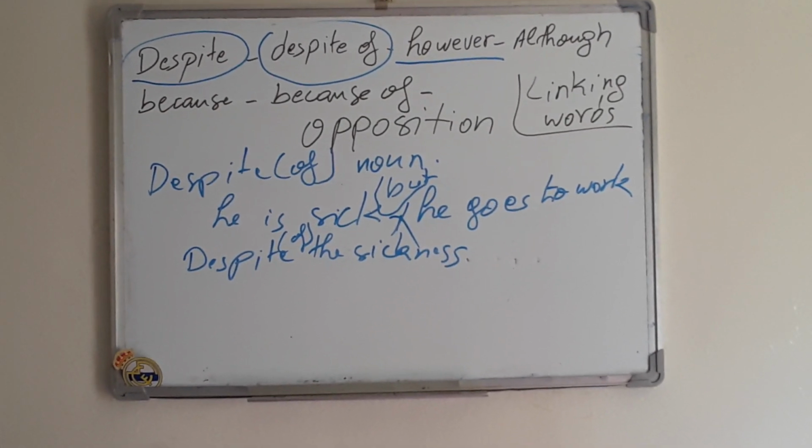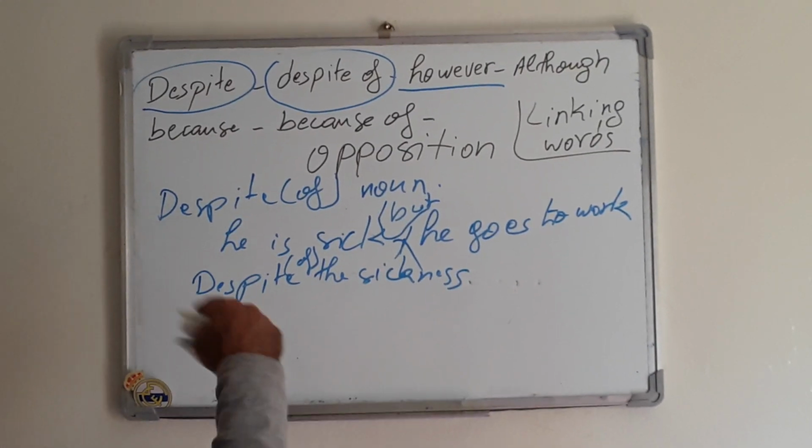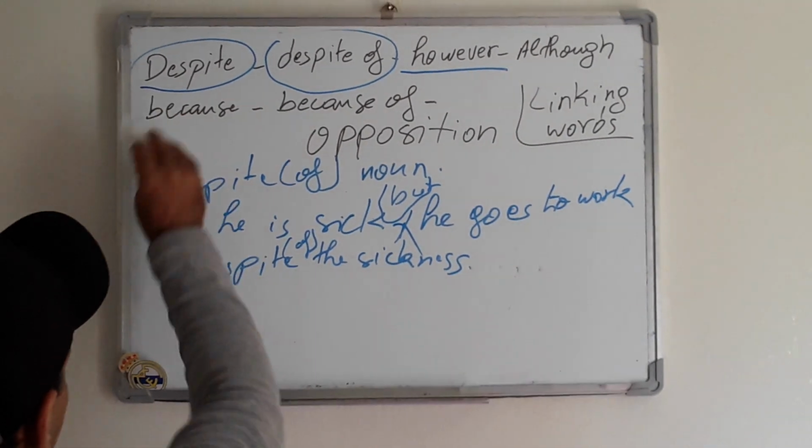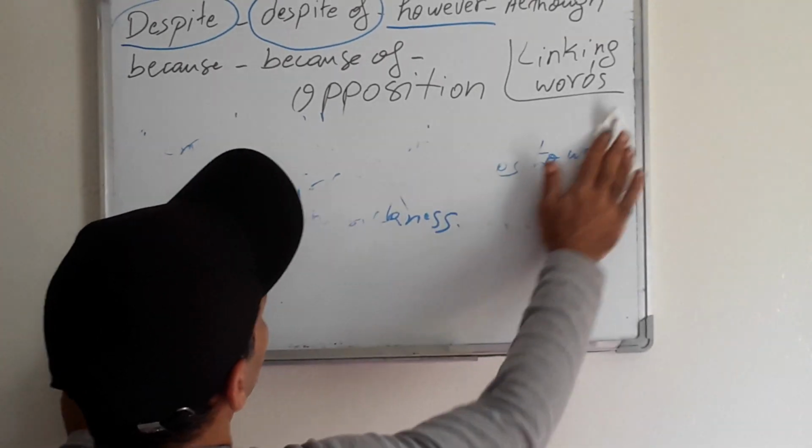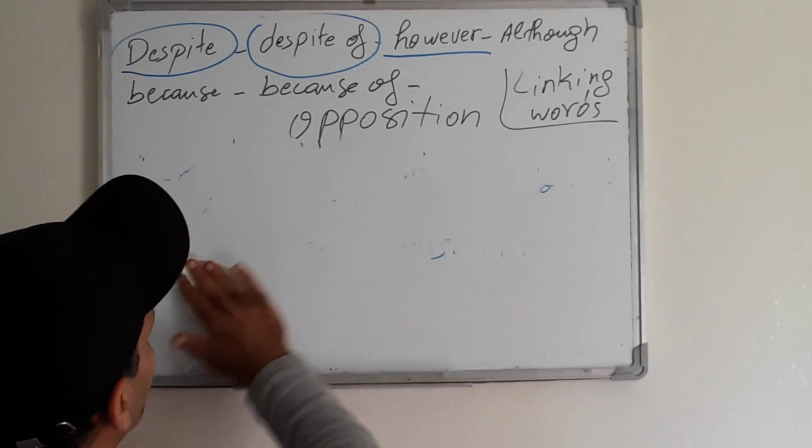We should just know that they come with a noun. It's not like the others, as we will see. Let's take because and because of.